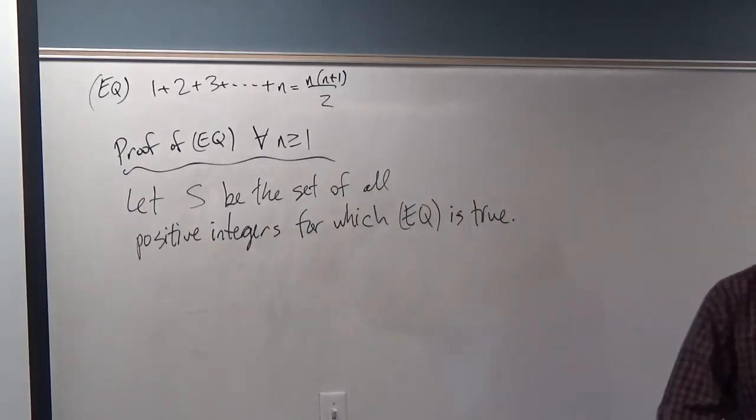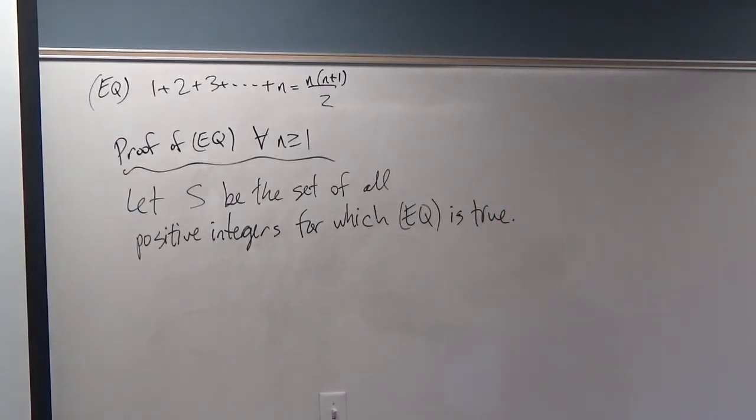Theoretically, before doing the proof, S could be the empty set. The equation might not be true for any positive integer. But we're going to show S actually is all positive integers.